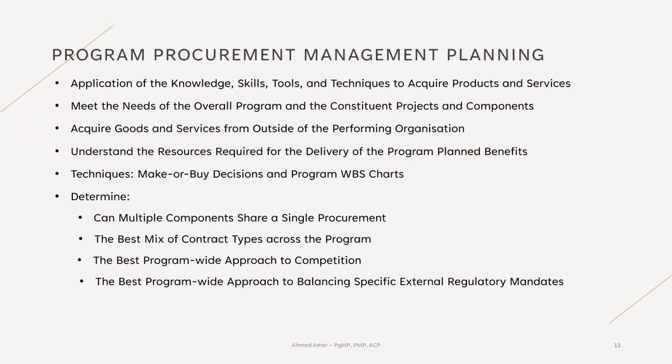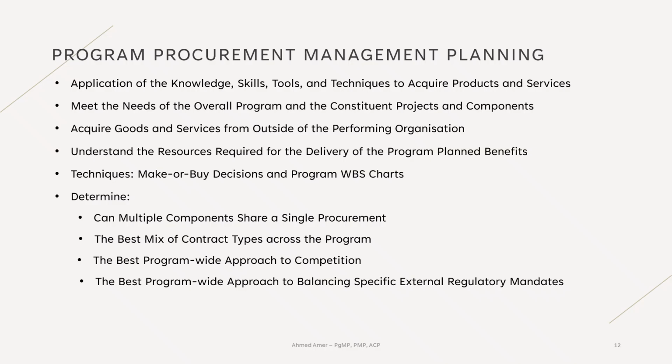These help the program understand what solutions exist, what vendors can offer, and what procurement approach best fits the program's needs. Because procurement decisions affect cost, risk, compliance, and benefits delivery, it's essential that procurement personnel across all components work closely together, especially during the planning subphase.